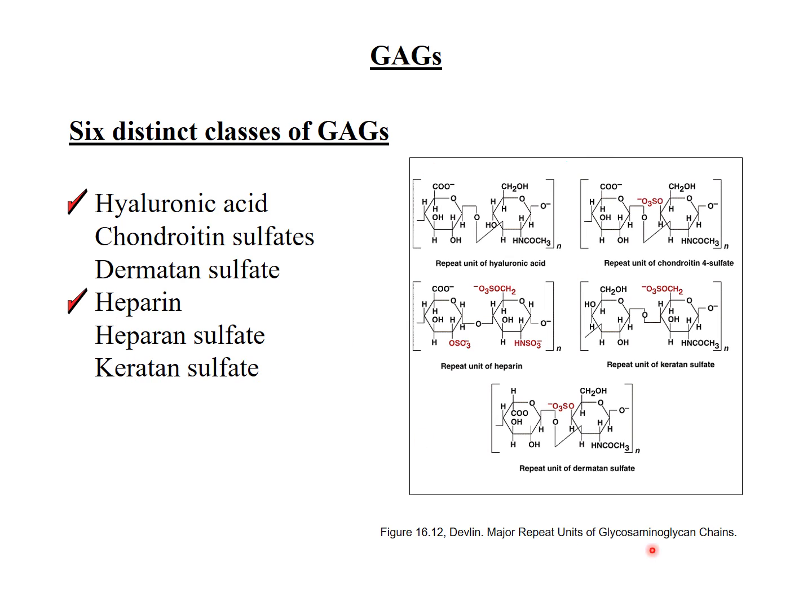I will not hold you responsible to remember the repeating disaccharides in these particular molecules, but you see right away that hyaluronic acid is the only one which is not sulfated. You see the sulfate group in every other glycosaminoglycan. I will hold you responsible for hyaluronic acid and heparin. So let me go there.